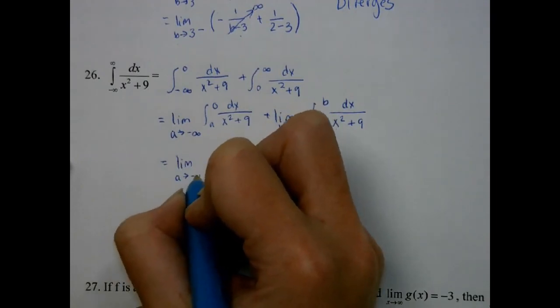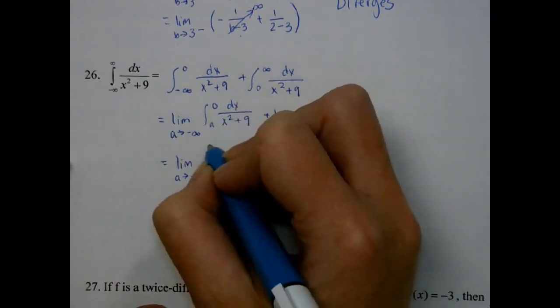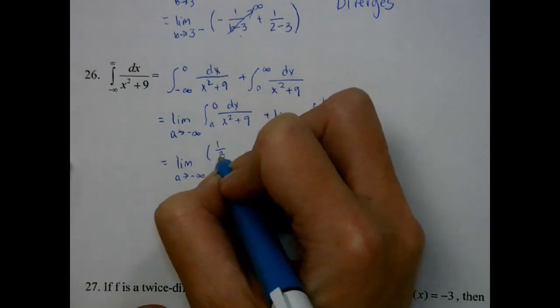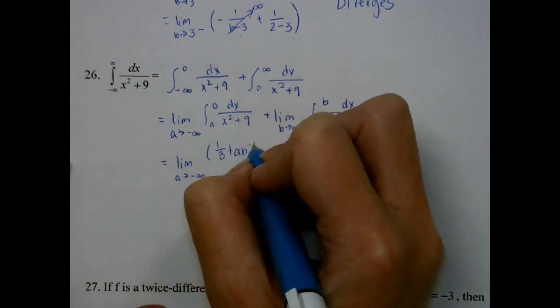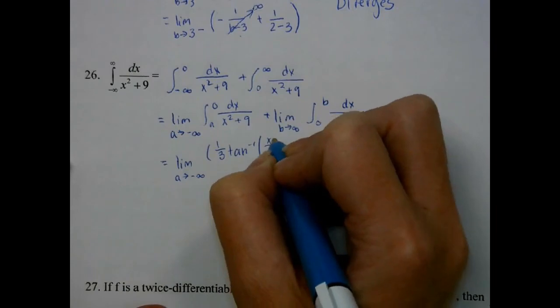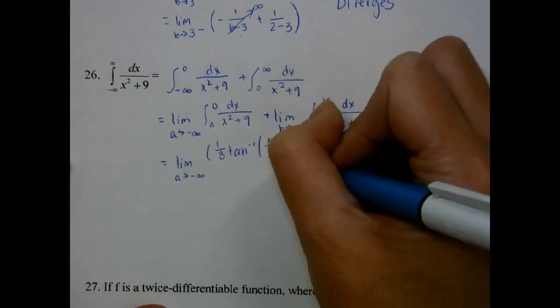So this is going to be 1/3 tangent inverse of x over 3, evaluated from 0 to a.